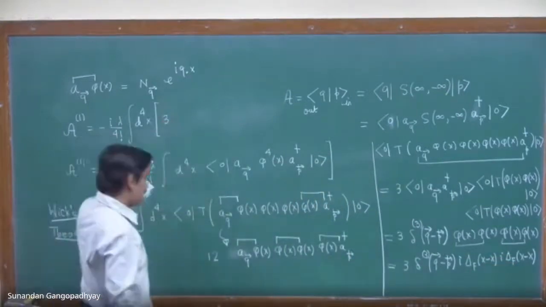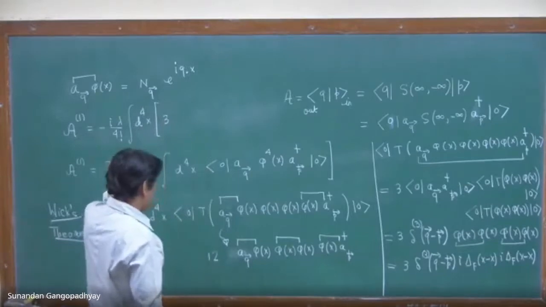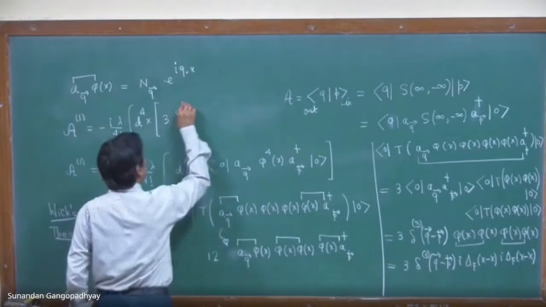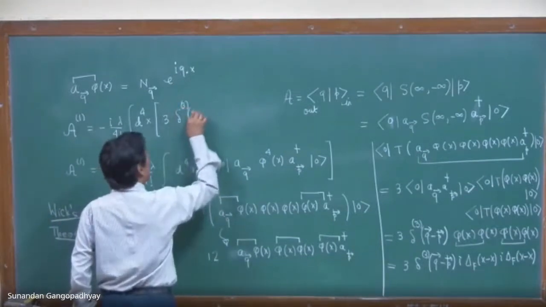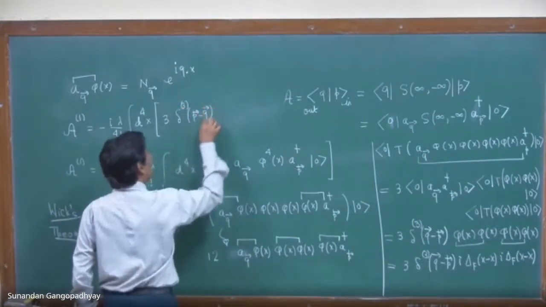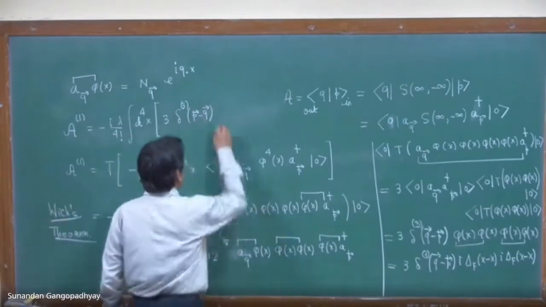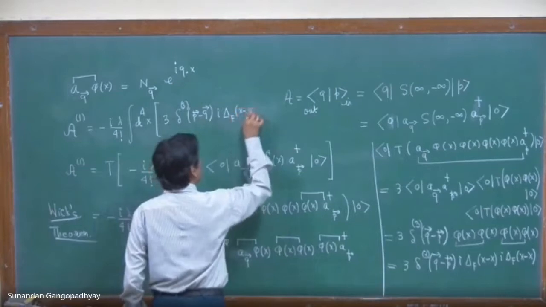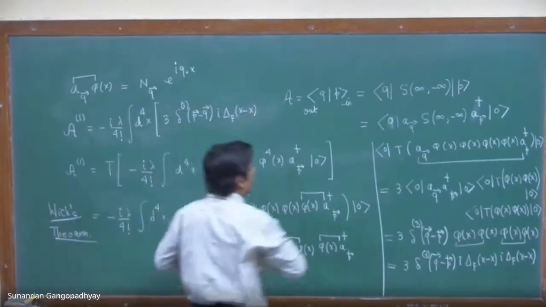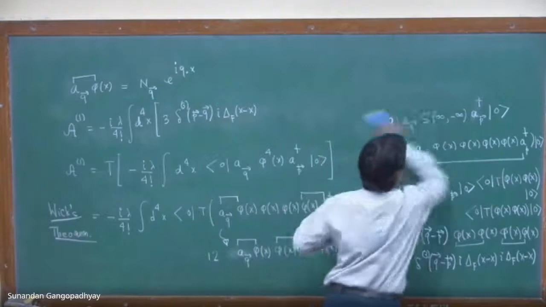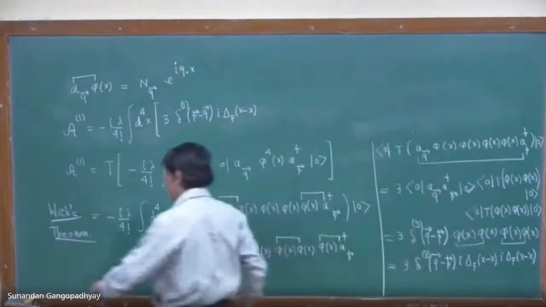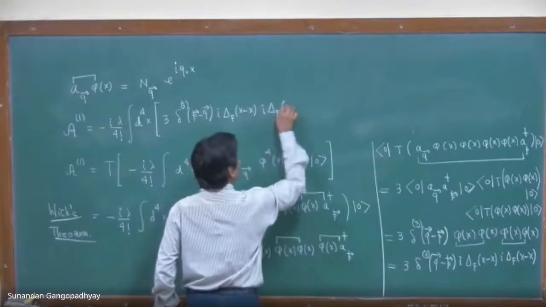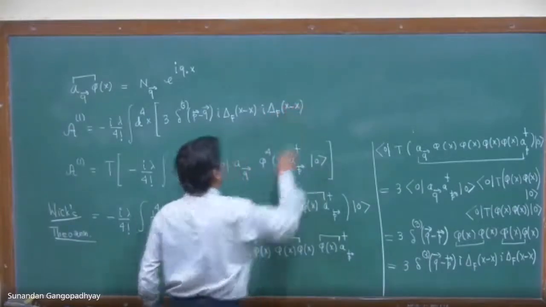You can write it as 3 delta P minus Q, I, x.